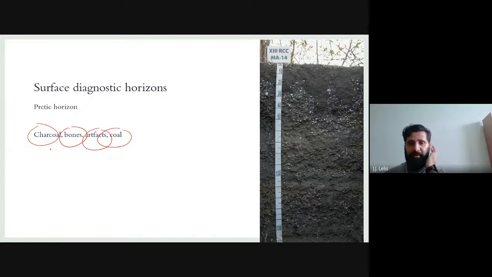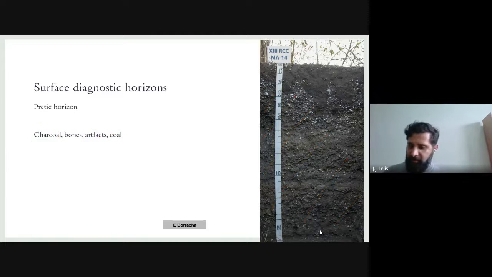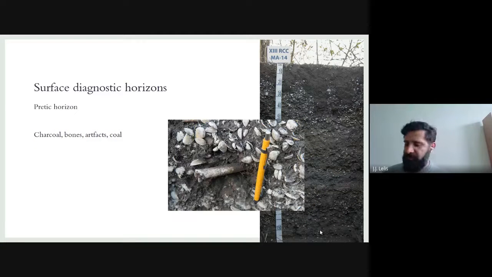So as you can see here, this dark horizon is a pratic horizon because we can see a lot of shells here that show us that this material was formed by man. It's not close to the sea, so it's not a natural deposit.